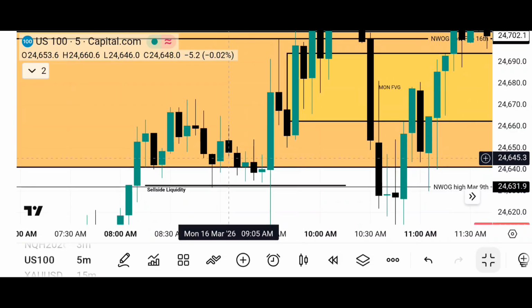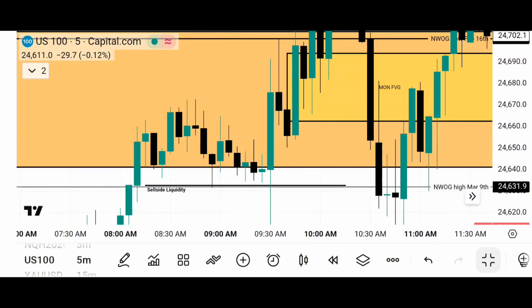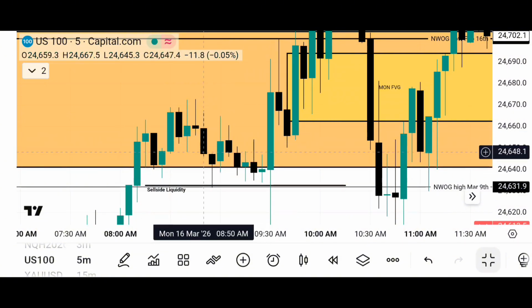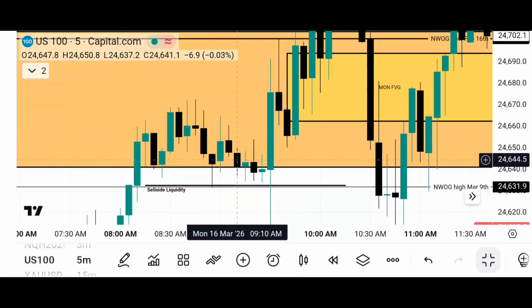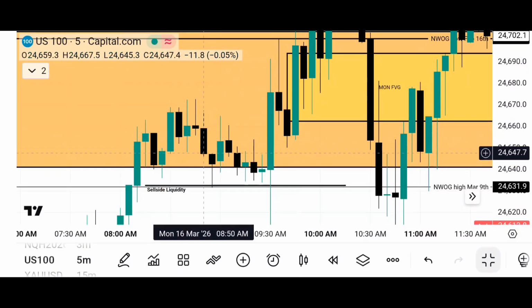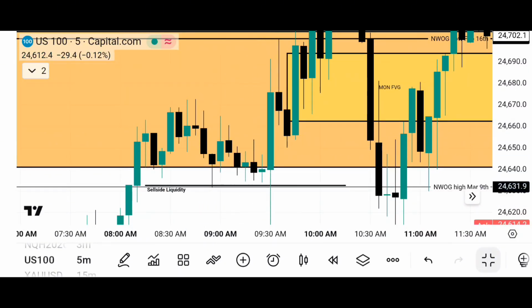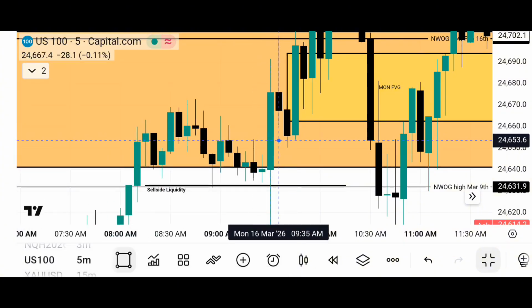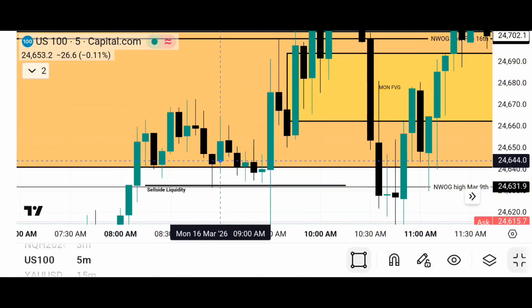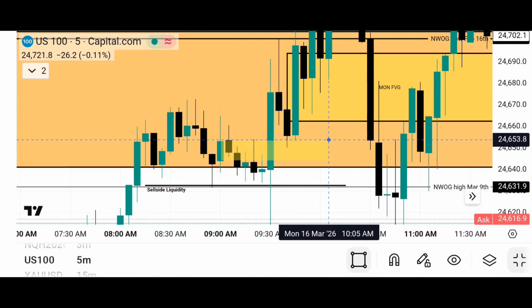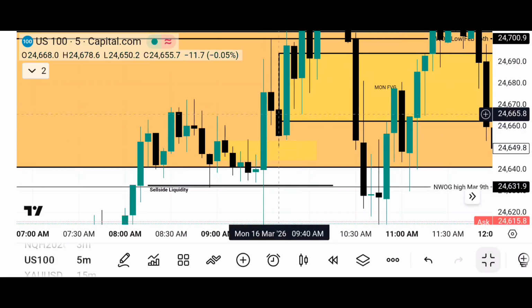Okay, so this is the breaker. This is a very obvious one. This is actually the only up close candle around this particular range before this drop down in price. So this is the breaker, and our price made use of it. Breaker block. So you see price dropping down into it.